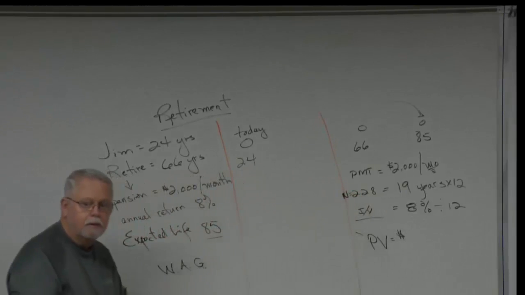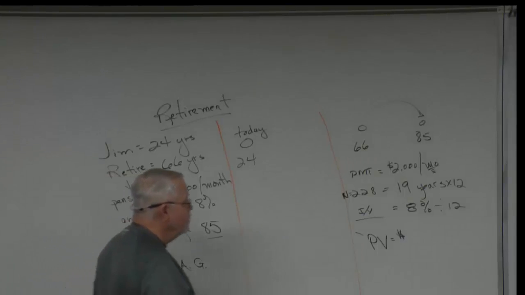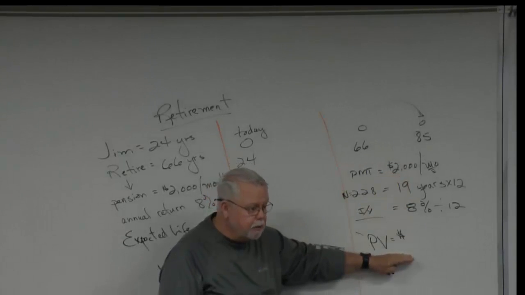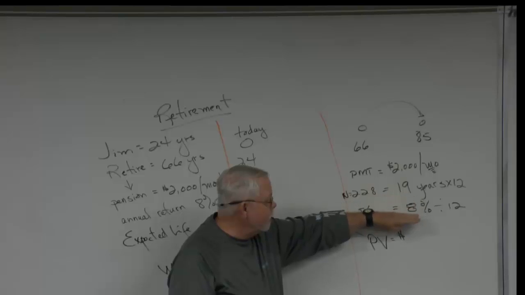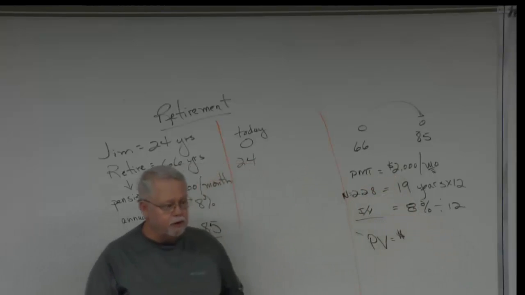And then, what'd you get? 16,000? No, that's not right, is it? You could have slipped a couple decimal points. Remember, if you put this in as a positive, this will be a negative. No big deal. We'll make those numbers go in correctly. 2,000, 228, and whatever 8 divided by 12 is, 0.666.